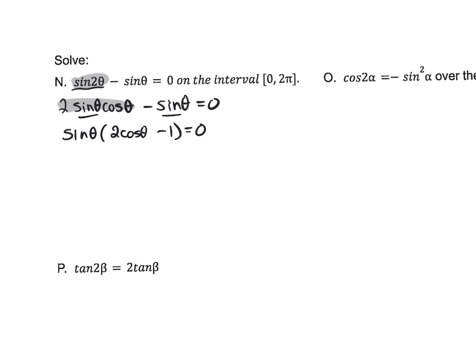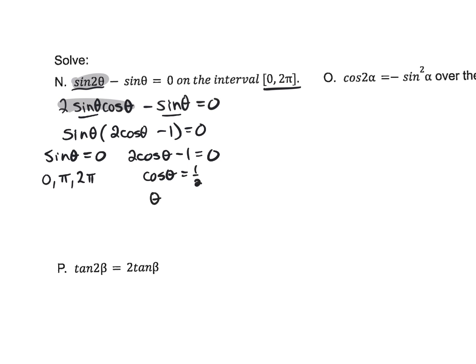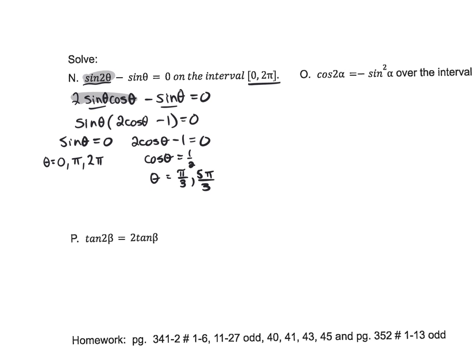And we know how to solve this guy. So sine equal to 0. Set 2 cosine minus 1 equal to 0. We've got an interval, so that's nice. Sine is 0 at 0, pi, and 2 pi. This becomes cosine equals 1/2. And cosine is 1/2 at pi over 3 and 5 pi over 3. So there's our answers.